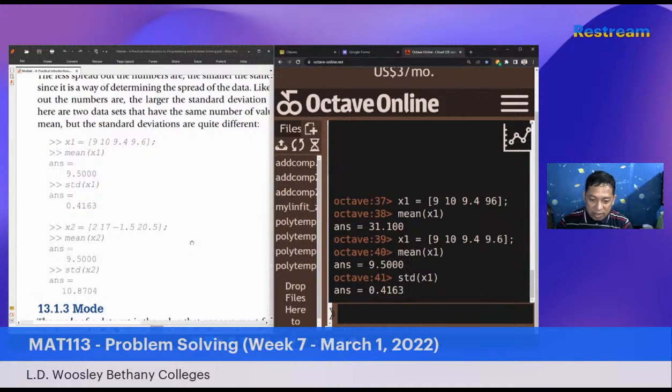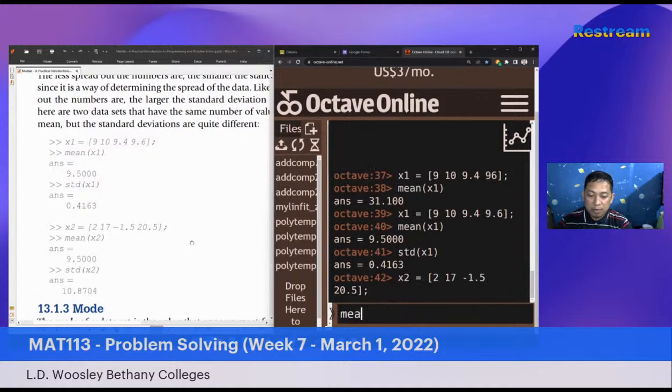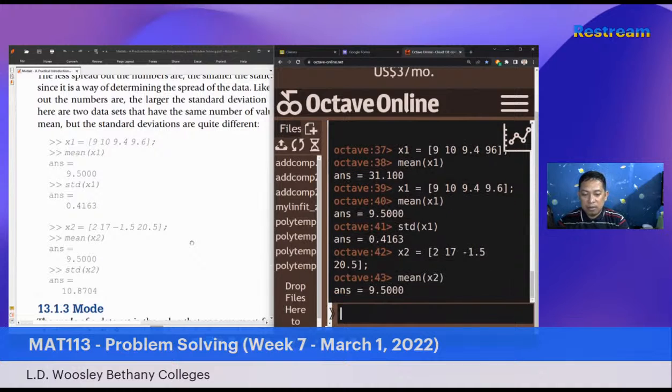How about this another data set here, which is x sub 2, equal to 2, 17, negative 1.5, and 20.5. Let's compute for the mean. The mean of x sub 2 is basically the same, 9.5.